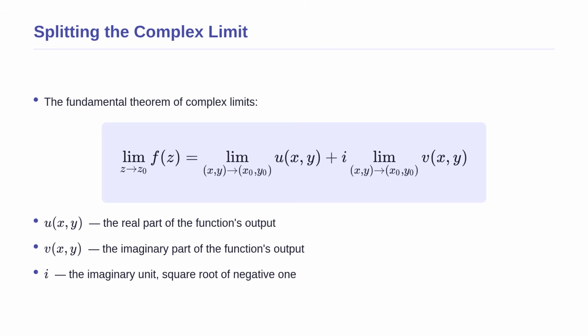If you can find the limit of the real part u and the limit of the imaginary part v as x and y approach their targets, you simply add them together with the imaginary unit i to get the final complex limit. This theorem is a massive relief because it proves that all the standard limit rules from basic calculus, like adding, subtracting and multiplying limits, also apply perfectly to complex numbers.